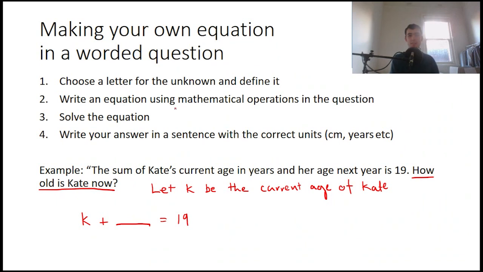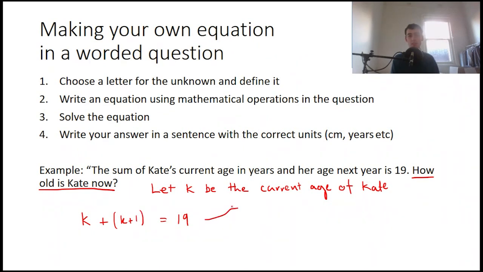So sometimes the mathematical operations are obvious, like it says the word sum, and sometimes you have to use logic to work them out. So if she's just 1 year older the next year, wouldn't that be K plus 1? So we'll actually put K plus 1 here. That's her age next year.